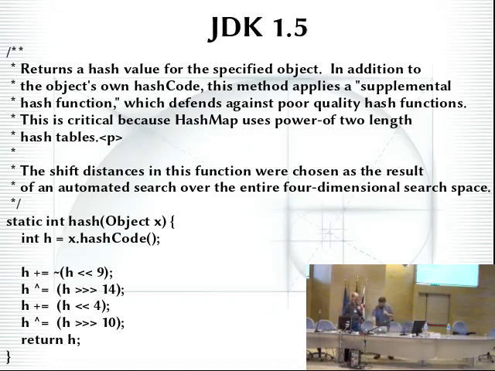Which is why, in Java 1.6, they changed it again. And it's still not great. No. But it's different, so now it's some other space. Someone found a way to choose 37s to hash to 3 and 4, I don't know.